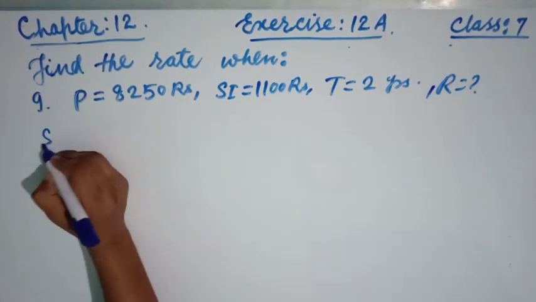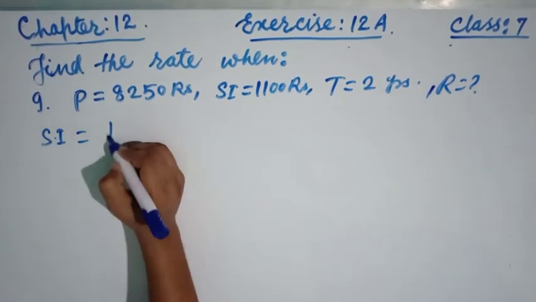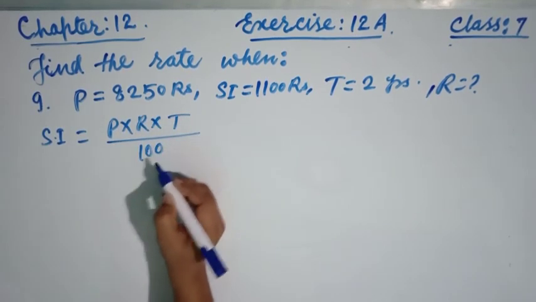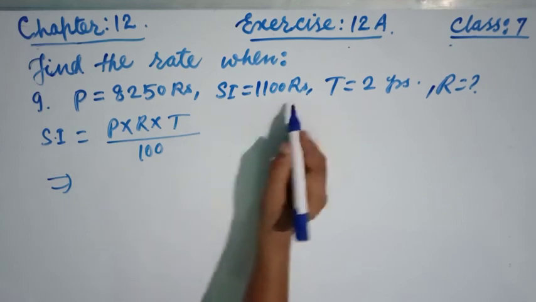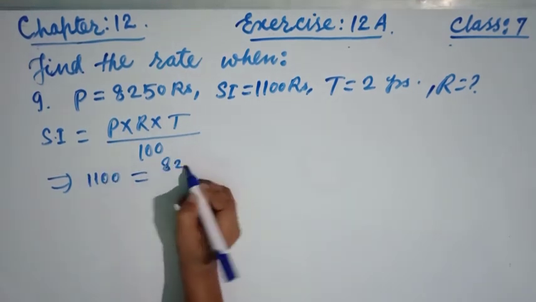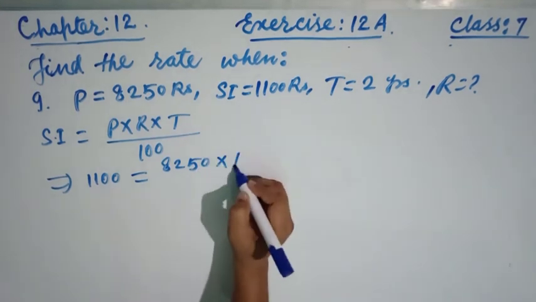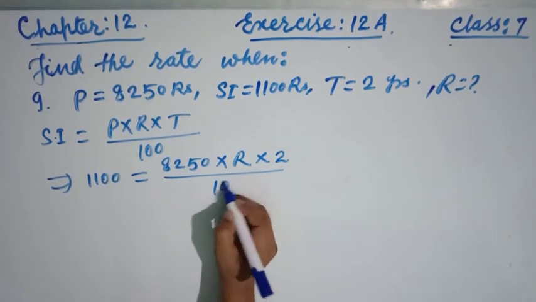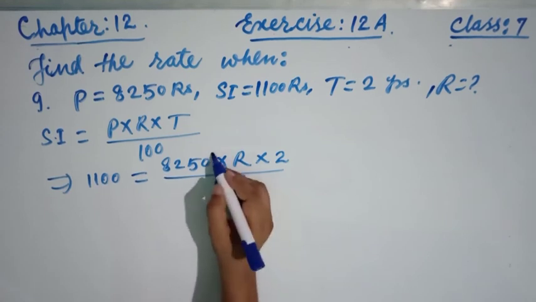Now the same formula: SI is equal to P into R into T divided by 100. SI is given, 1100. P is given, 8250. R is to be found as it is. Time is given, 2 years, and divided by 100, so this 0 will get cancelled, friend.